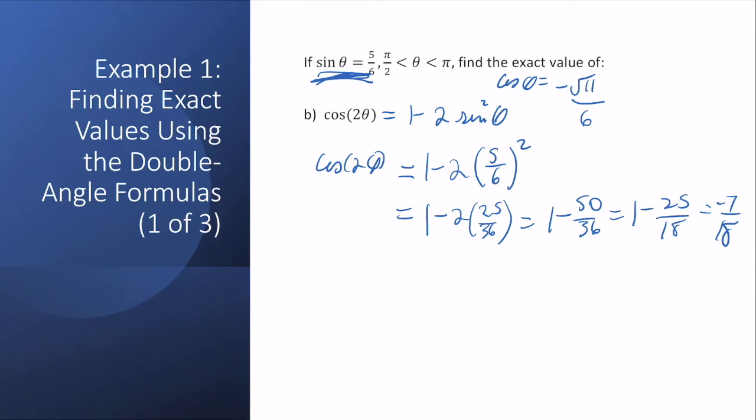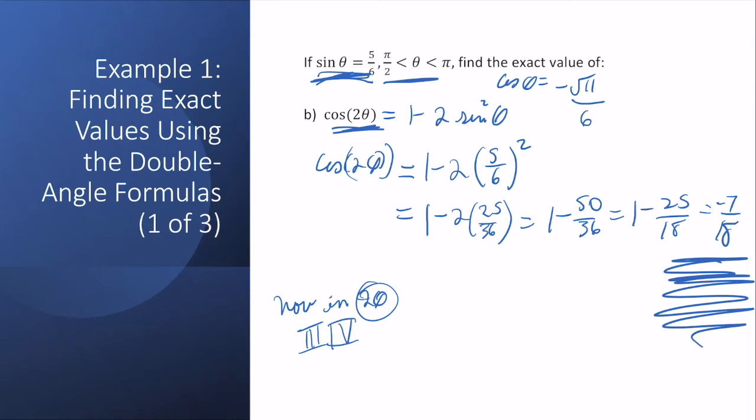And remember that 2 theta is now in quadrants 3 or 4, where my cosine would be negative, at least in 3. So we're in quadrant 3.